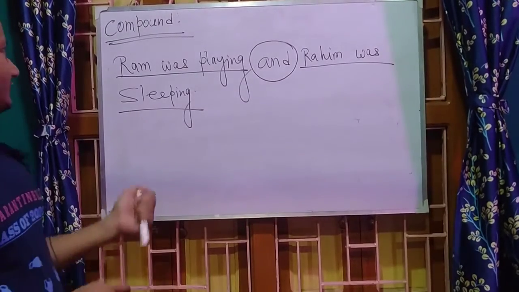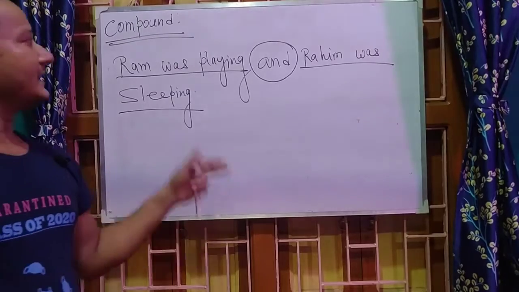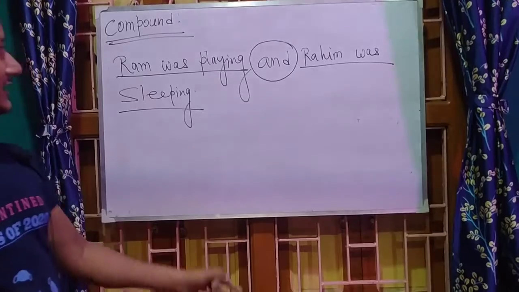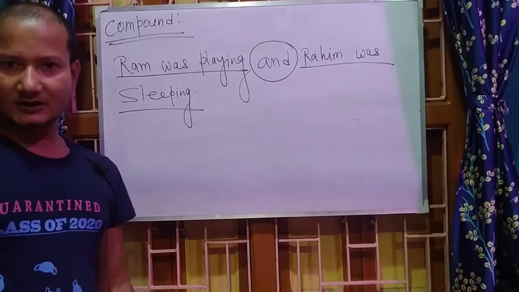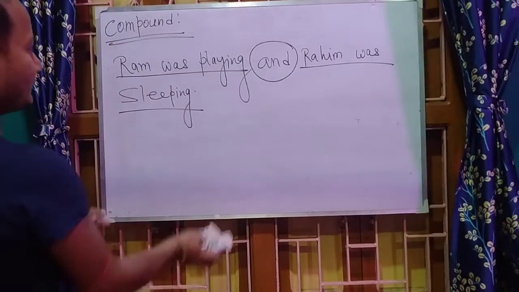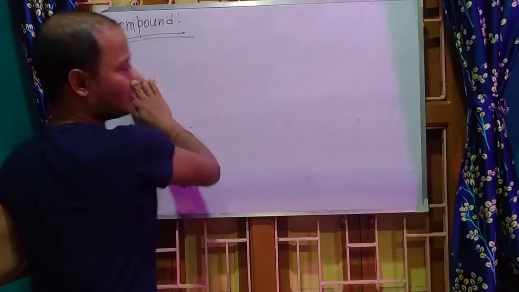Okay. So dear students, I hope you understood the definition of compound sentence. In this sentence, you will find all the main clauses connected with the coordinate conjunction. Understood? I hope, dear students, you all understood the definition of all these sentences based on construction.